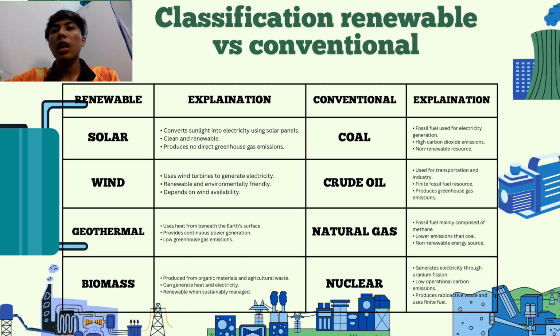It has low operational carbon emissions, but it produces radioactive waste and relies on a finite fuel source. In conclusion, renewable energy sources are more sustainable and environmentally friendly, while conventional energy sources are still widely used but have greater environmental impact and are limited in supply.